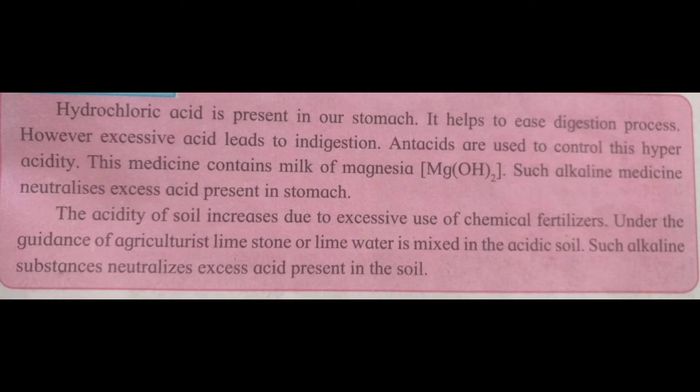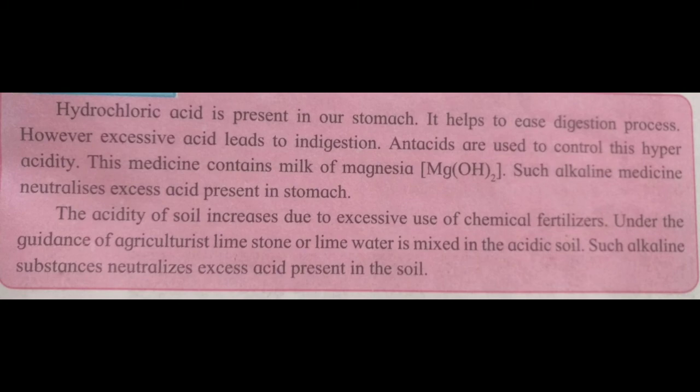Students, we know that hydrochloric acid is present in our stomach. It helps to ease the digestion process. But excessive acid leads to indigestion. So when a person suffers from indigestion due to acidity, when excess acids are produced in the stomach, we say we are suffering from acidity. At that time, antacids are used to control this hyperacidity. Why?